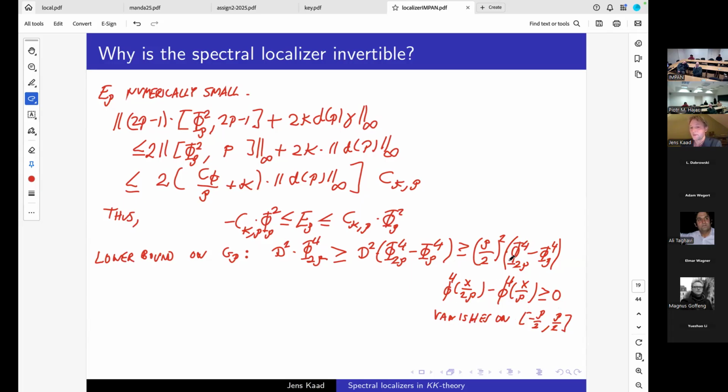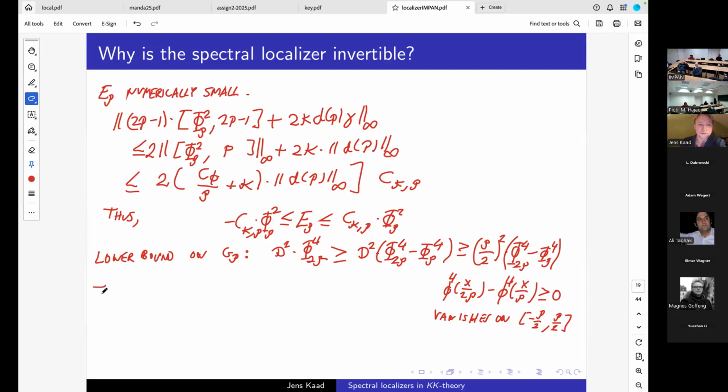This function is what I apply to my abstract Dirac operators to get this difference. When I multiply that with the abstract Dirac operator squared, since my function vanishes on this closed and bounded interval, I'm going to get this estimate. So I can replace the abstract Dirac operator squared by rho divided by 2, squared, and get this bound from below.